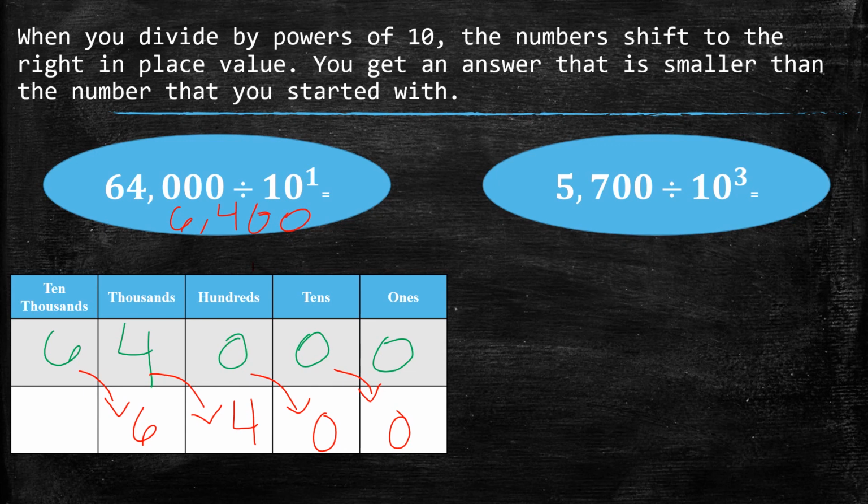For the problem 5,700 divided by 10 to the third power, it's just like doing 5,700 divided by 1,000. Since I have 3 zeros, I'm going to take my decimal point and do 3 jumps.